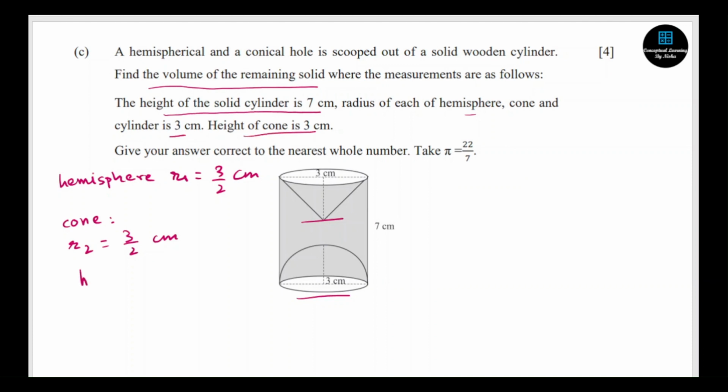So h2 is equals to 3 centimeter, and for cylinder radius again 3 upon 2 centimeter and the height is 7 centimeter. Okay, these things are given to us, and now we have to find the volume of the remaining solid.